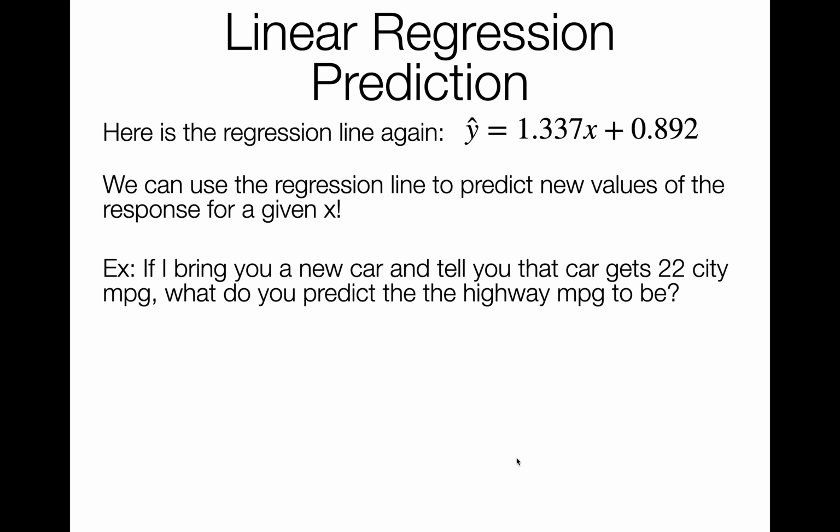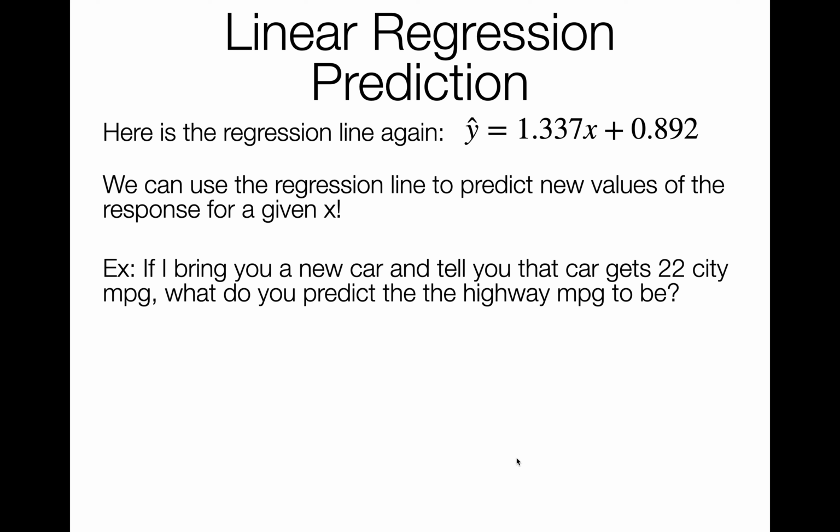Great. So for example, if I bring in a new car behind my magic black sheet, and I say that this car gets 22 city miles per gallon, what would you predict the highway MPG to be for this car?